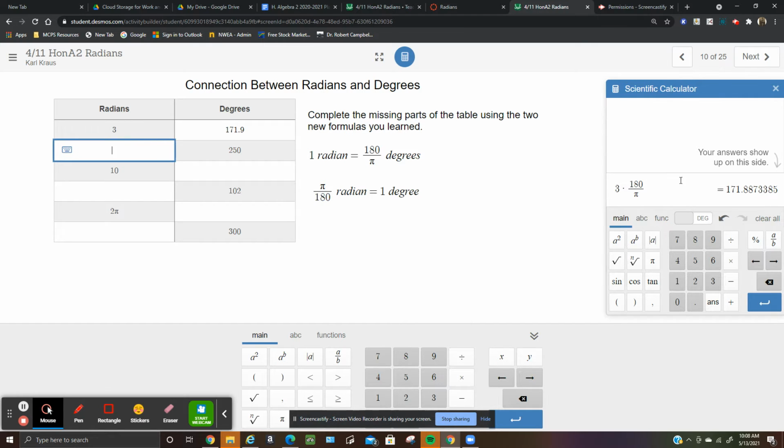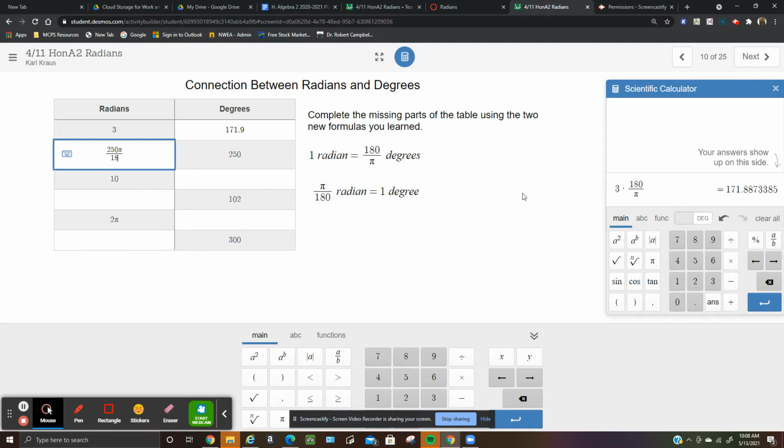And then 250 degrees. So it'll be 250 pi over 180. And then simplify that fraction. 25 pi over 18.